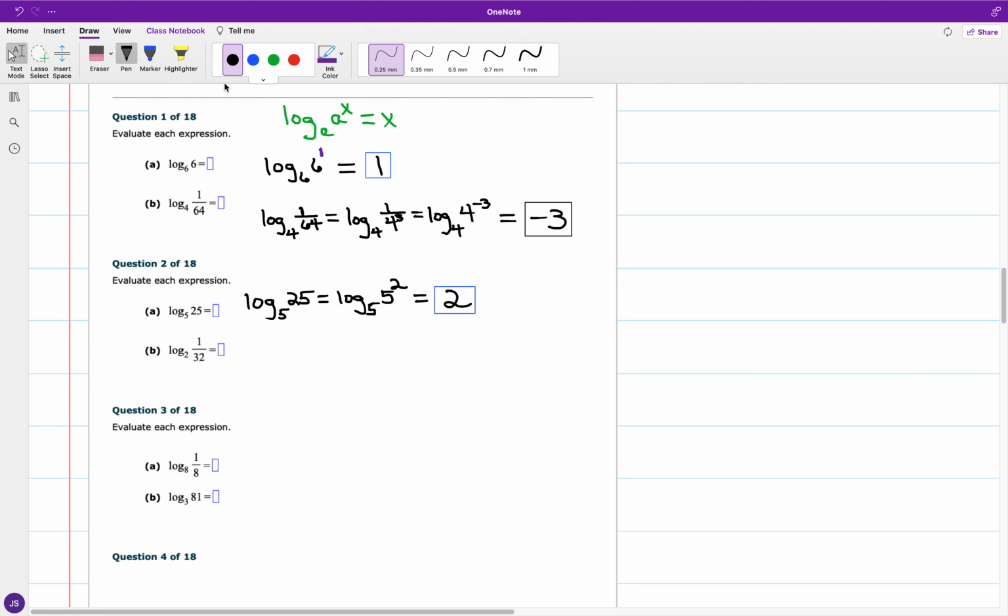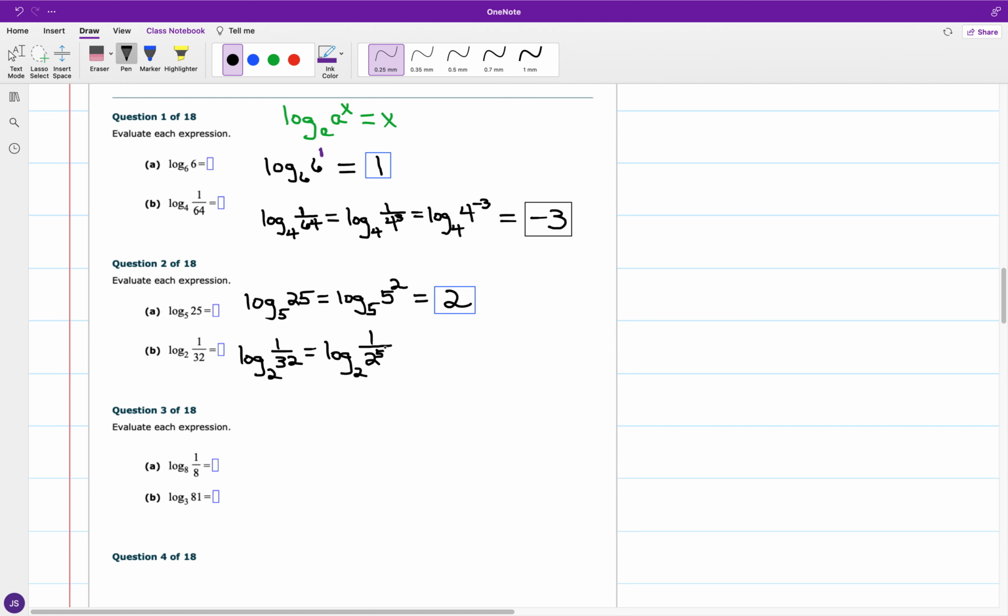And for part B, this is reminiscent of part B from number 1. Here we have a base logarithm of a given fraction: the base 2 logarithm of 1 over 32. So we have the reciprocal of a value that is both a multiple and an integer power of the logarithmic base. With the logarithmic base at 2, 32 itself is 2 raised to the 5th.